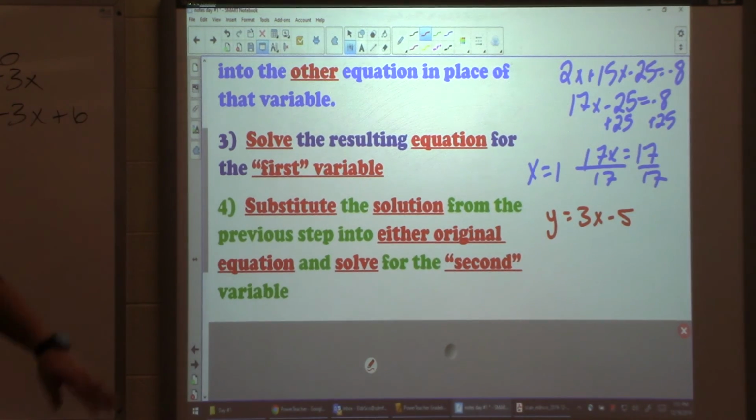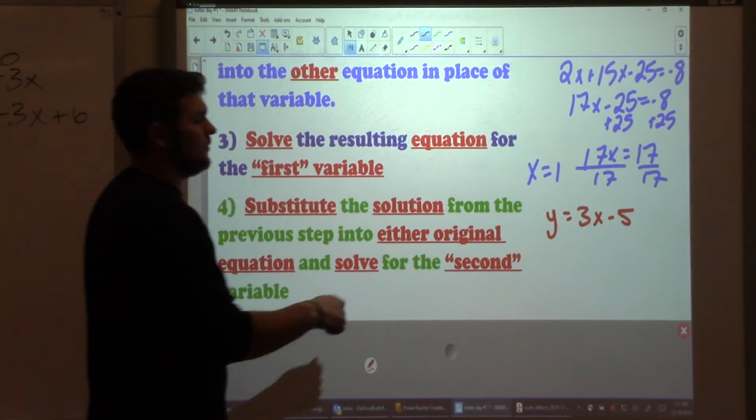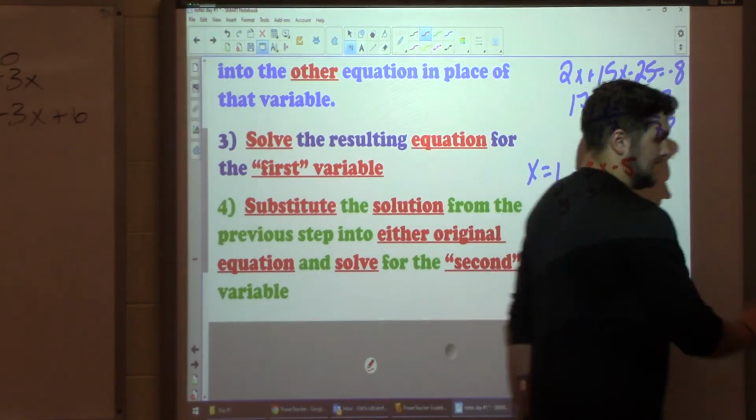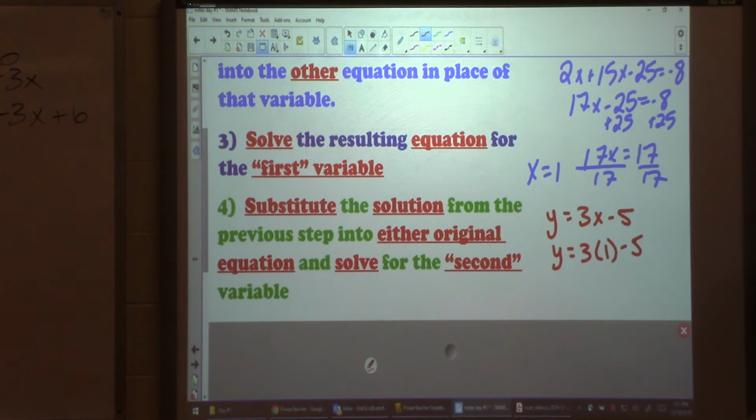It makes it easier. So let's use the top one. Plug in 1 for x: y equals 3 times 1 minus 5. Well, 3 times 1 is 3, minus 5 is going to give me negative 2. So x is 1, y is negative 2.